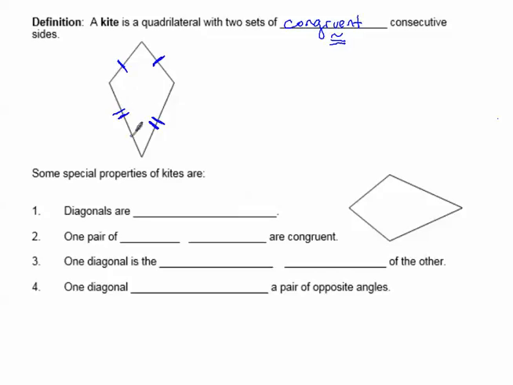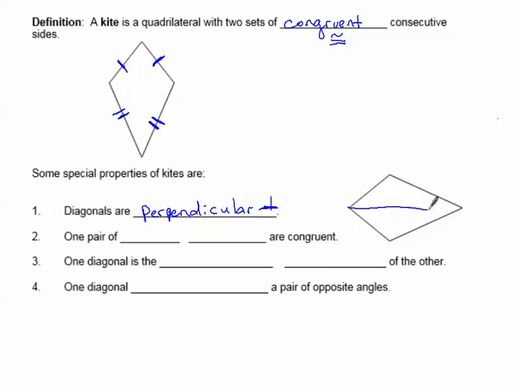Some special properties: the diagonals are perpendicular. We note that with an upside down T. So I'll draw that here.